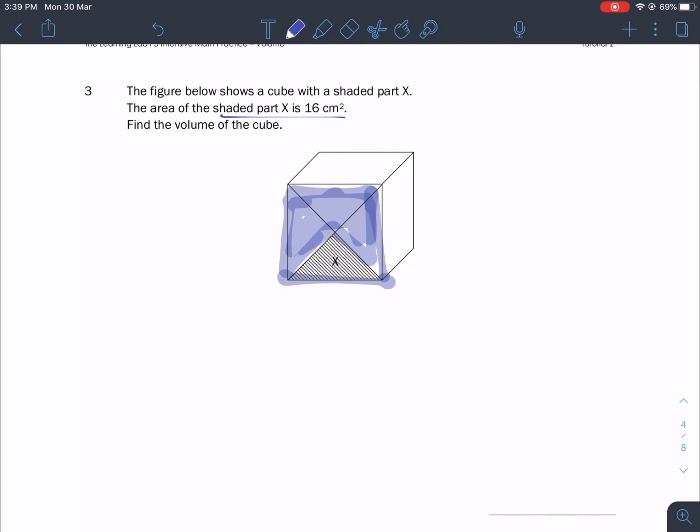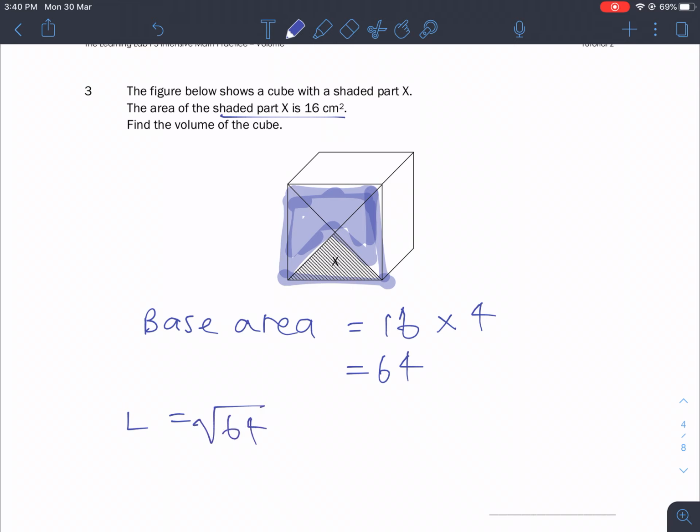So since this has been cut into 4 parts, the base area of the cube is 16 times 4, which is 64. From the base area, you can find the length, which is just a square root of 64, square root of the area, and that will give you 8.